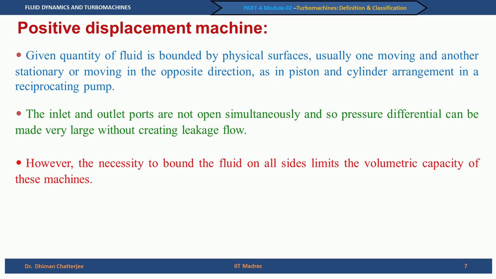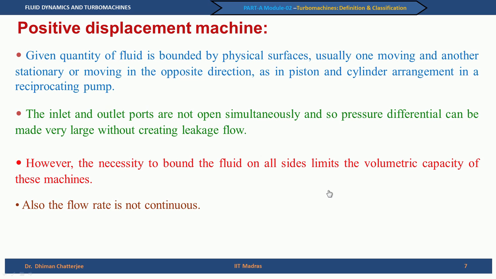Let us say that the stroke length of the piston is capital L and the area of the bore of the cylinder is A. Then when the piston moves from one end to the other, the total volume of fluid that can be admitted is A multiplied by L, which means that the geometry of the pump will restrict the amount of fluid that can be handled. So, for all practical purposes, reciprocating pumps are used when we need a high pressure rise, but when the flow rate is less.